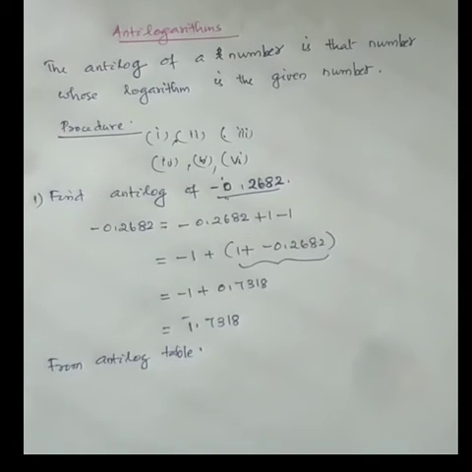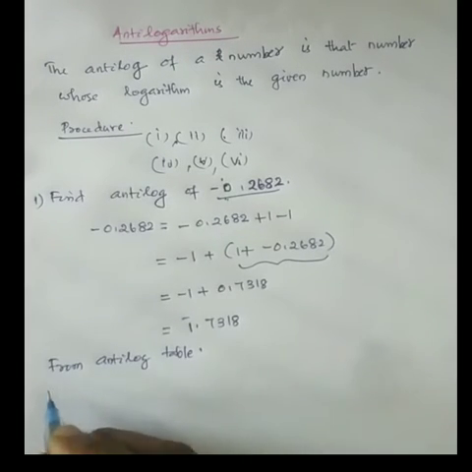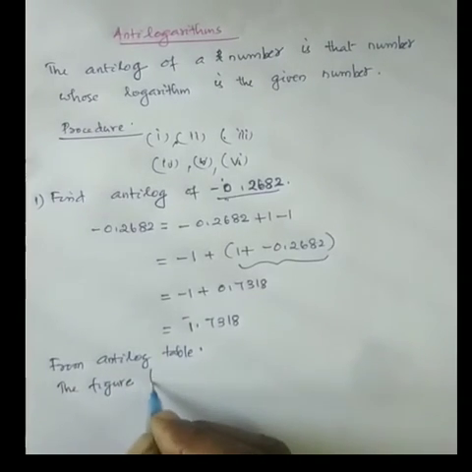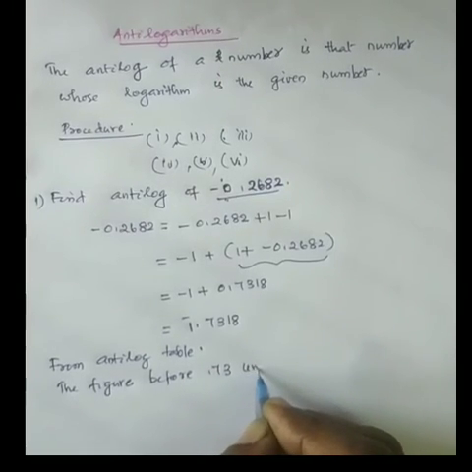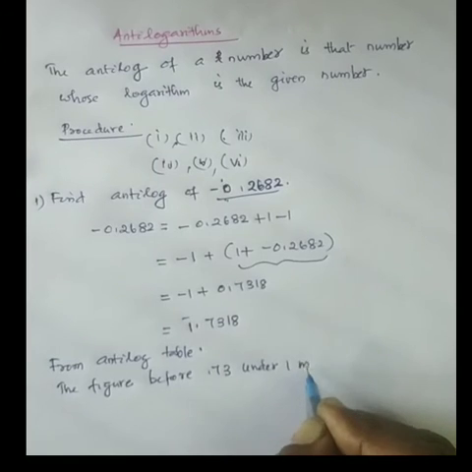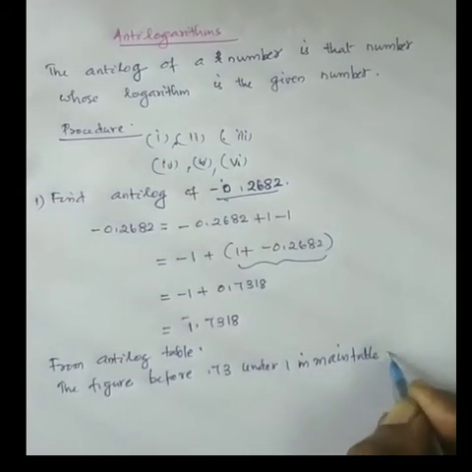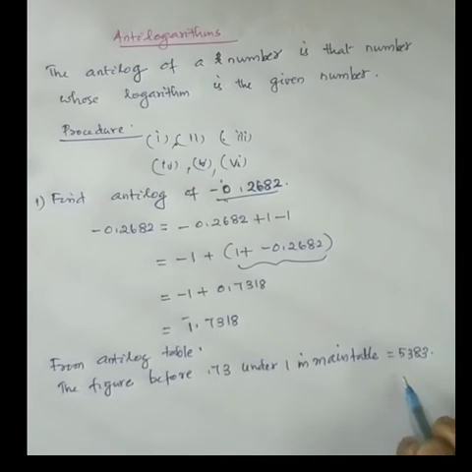From the antilog table, the figure before 0.73 under 1 in the main table is 5383.